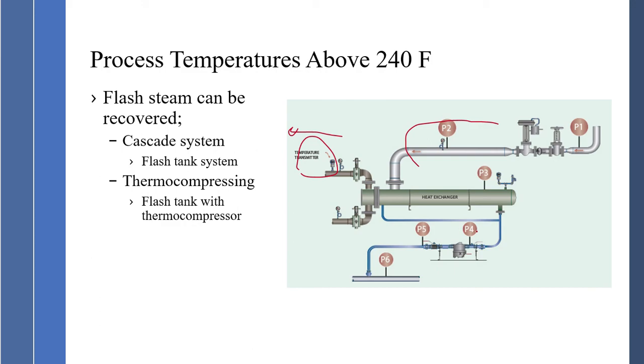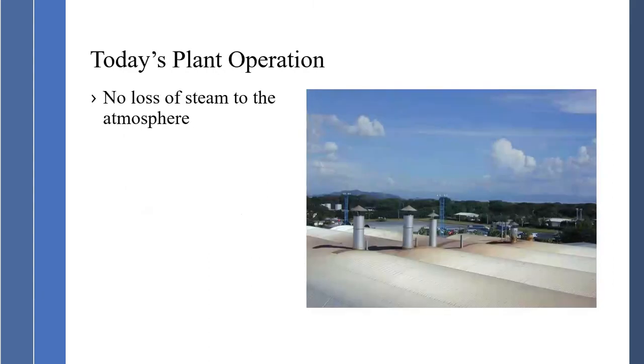That will always give us differential pressure across the drain device, and we can go into a pressurized return system, going to a flash tank, and then thermocompress it or cascade it. So today's goal is no steam being vented to atmosphere. As you can see, in this plant operation, there's no steam being vented to atmosphere.